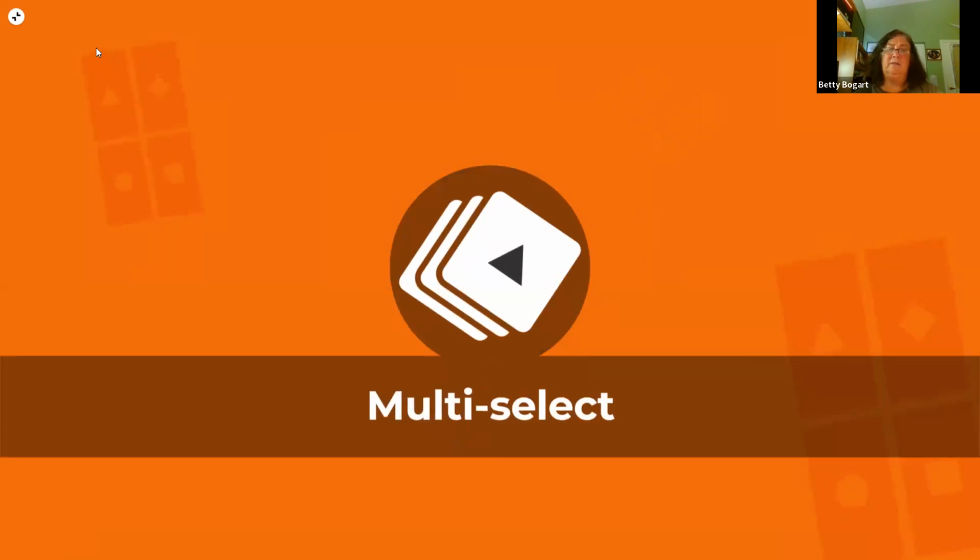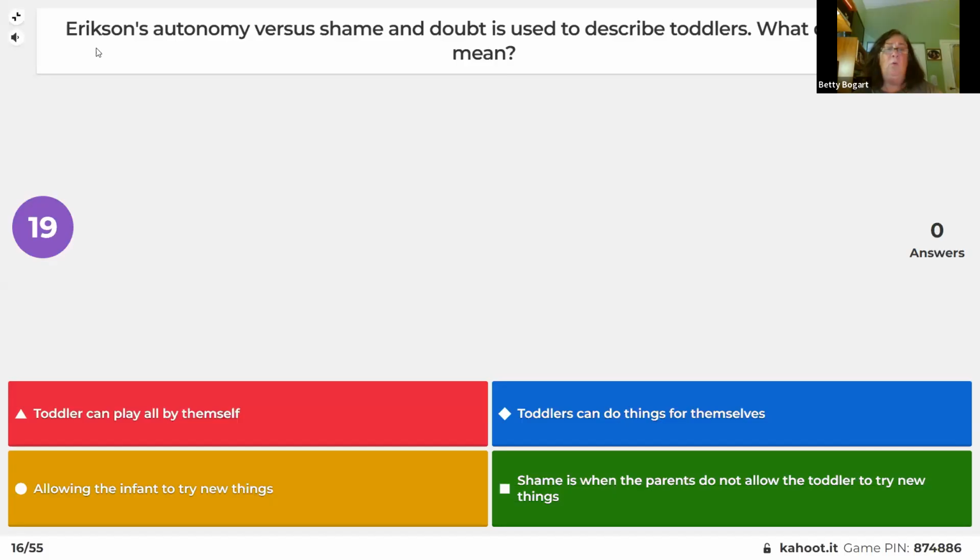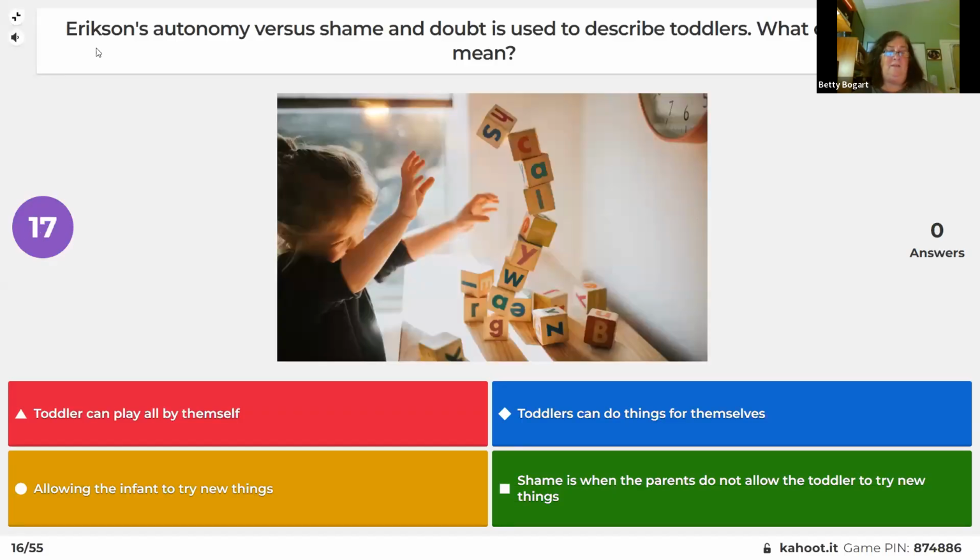A multi-select. Erikson's autonomy versus shame and doubt to describe toddlers. What does doubt mean? Shame and doubt.